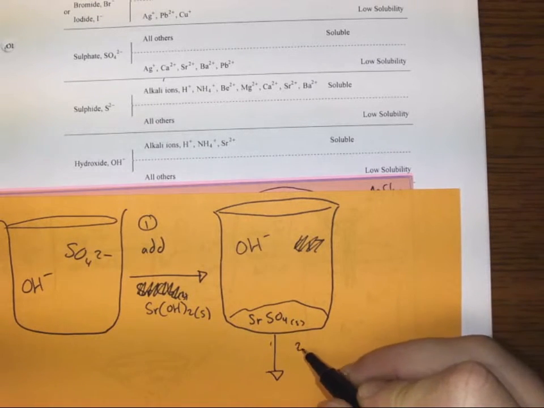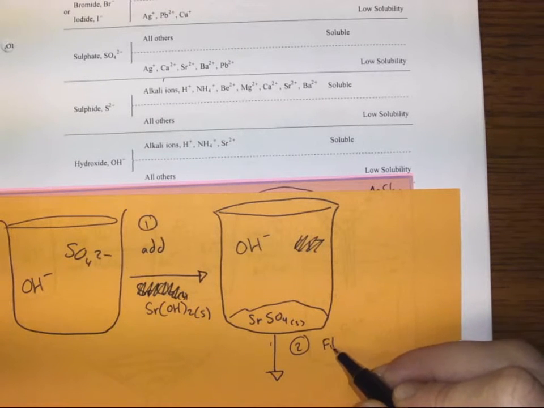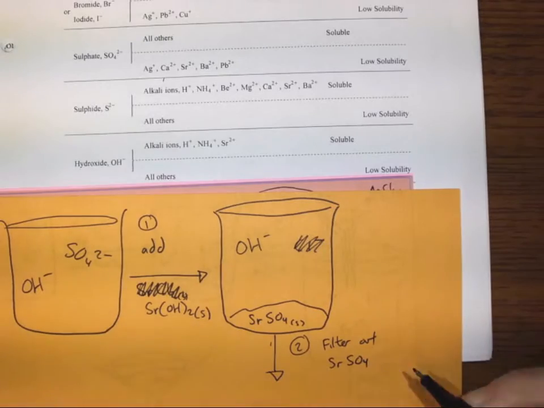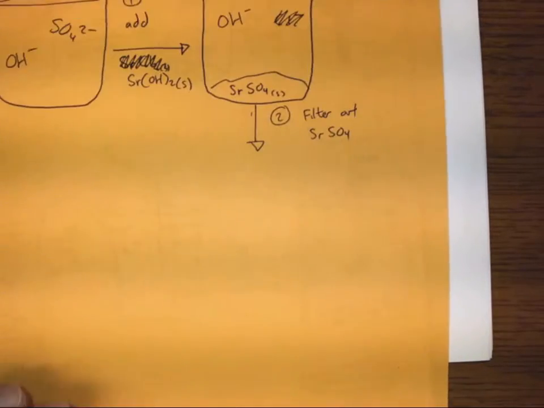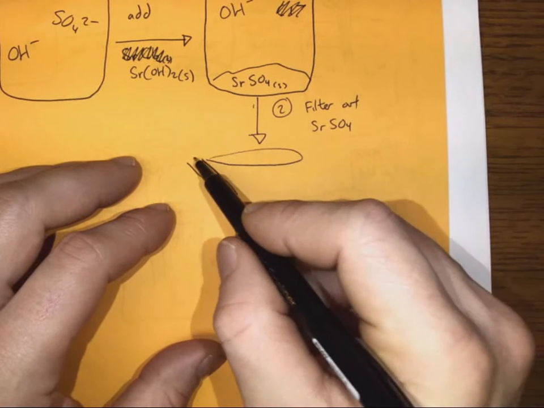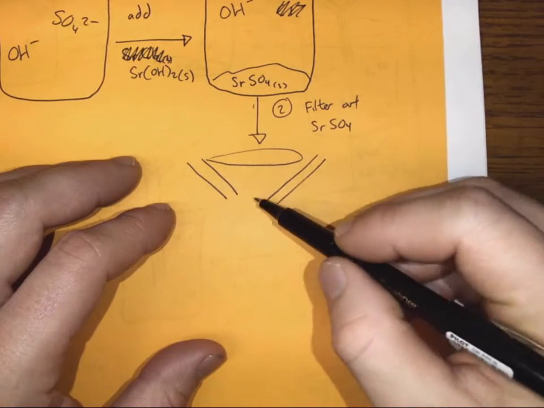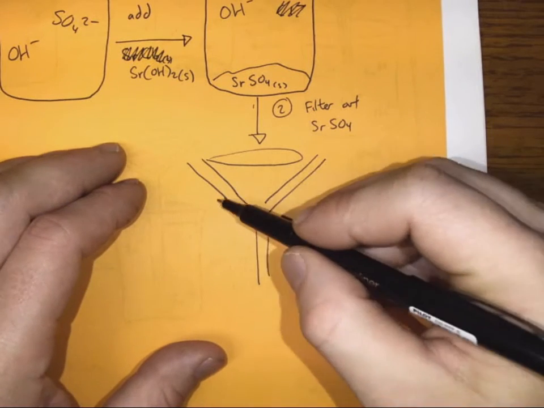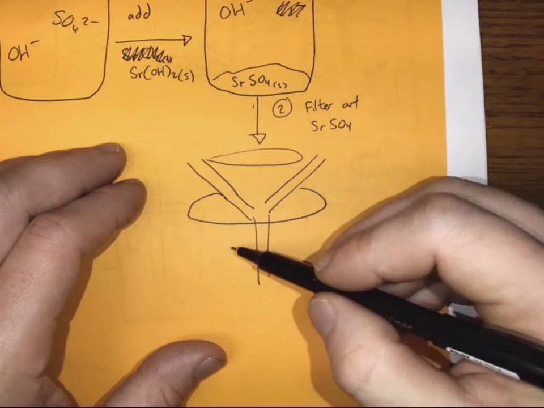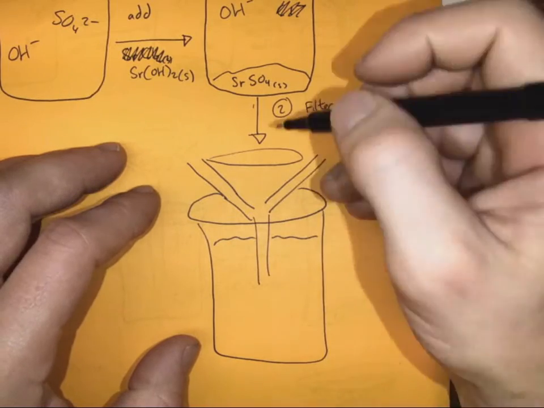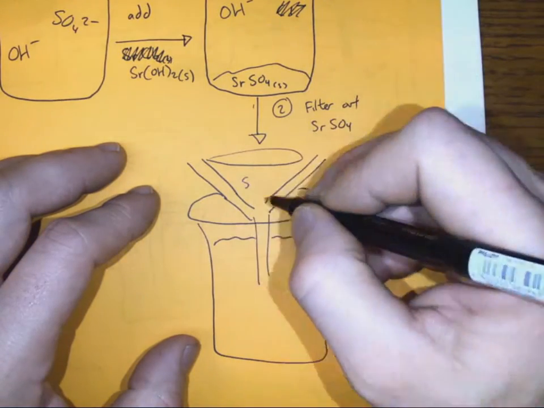At step 2, I will filter out our strontium sulfate. So we're going to have a big filter here, and out is going to flow just a hydroxide solution.